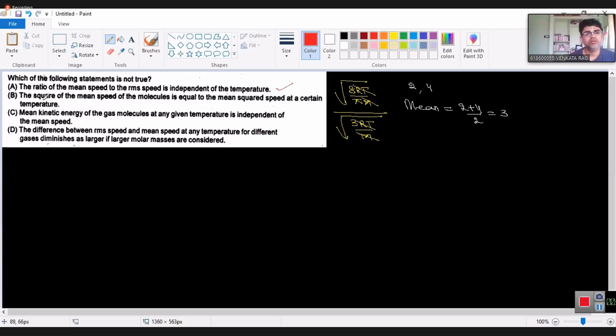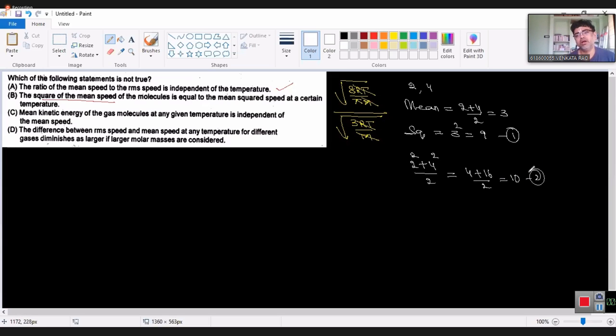Square of the mean speed is 3 square, that is 9. And the mean squared speed is 4 plus 16 by 2, which is 10. Are they equal? No, not equal. Wrong.